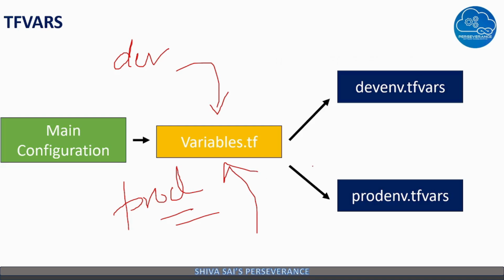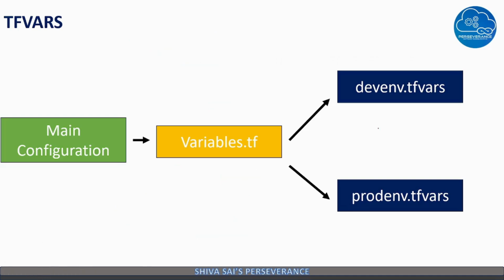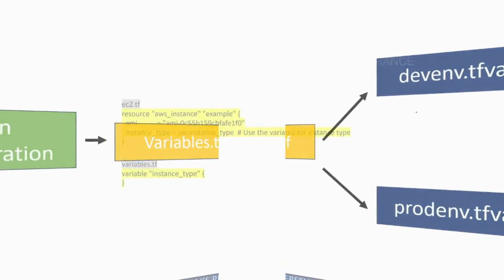The main configuration will use these variables, but I have two different environments. So what to do? In this context, we'll be creating different .tfvars extension files. You can keep any name, like dev.env.tfvars and prod.env.tfvars.